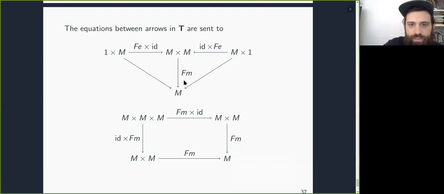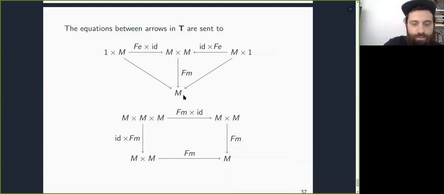So basically what this is doing is I'm multiplying the identity element times an arbitrary term in my monoid. So this direction, and then going straight down from 1 times m to m is just sending an arbitrary term in here to itself.